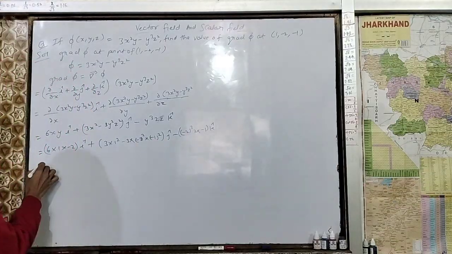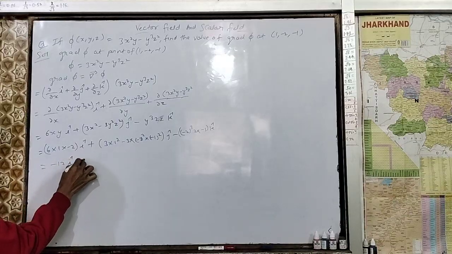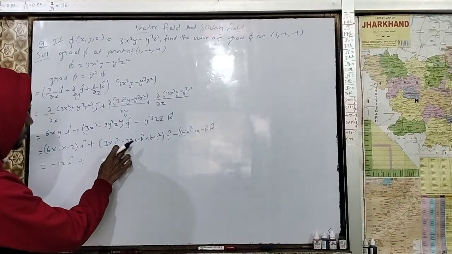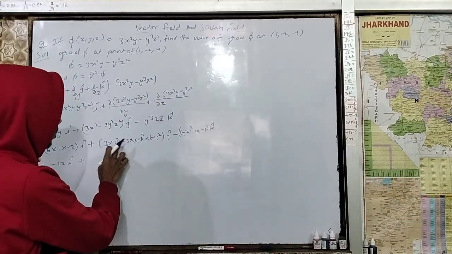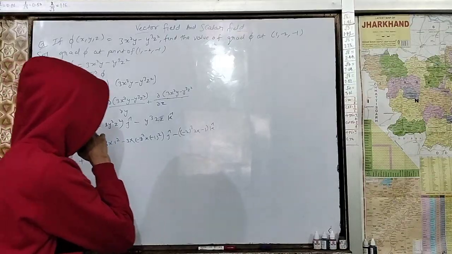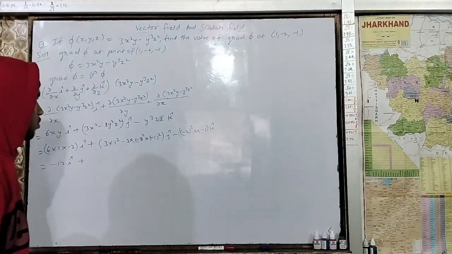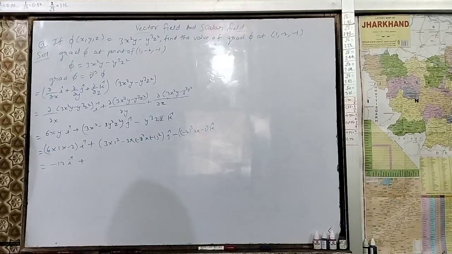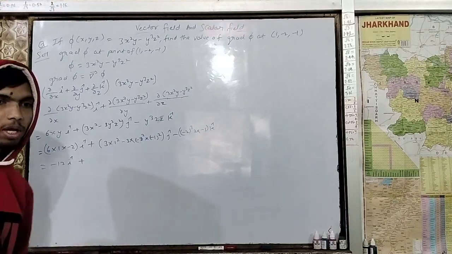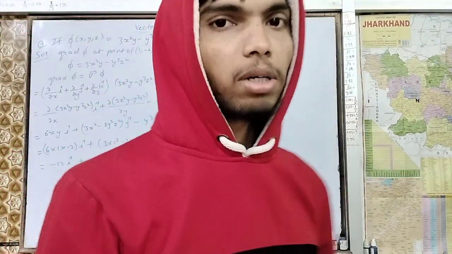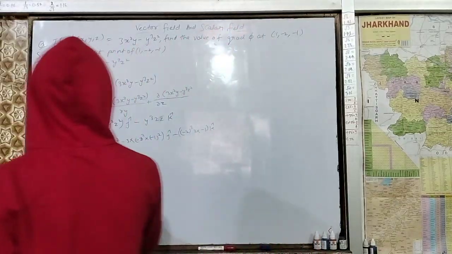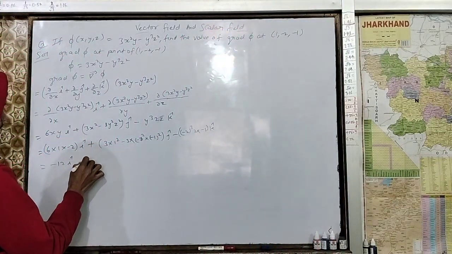Okay, now let's simplify it. 6 times 2 is 12, minus 12 I cap plus 3 minus 2 times 4 3 is 12, 3 minus 12, 9 minus 9 z cap.